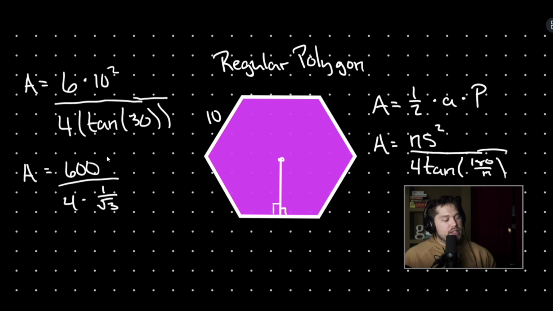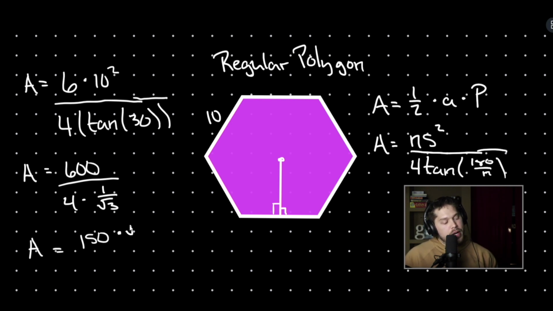And now we can simplify. 600 over 4 will of course simplify to give us 150 up top. So our area is equal to 150 divided by 1 over the square root of 3. Dividing by a fraction is the same thing as multiplying by its reciprocal.